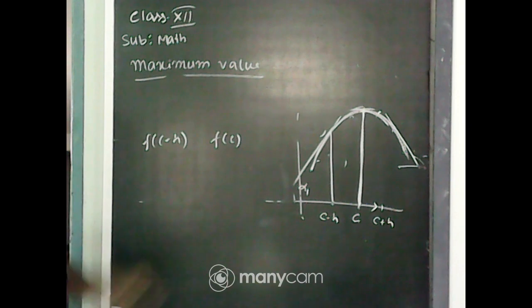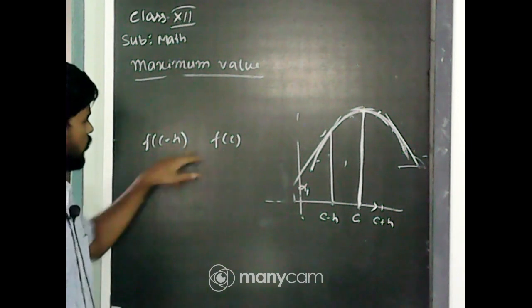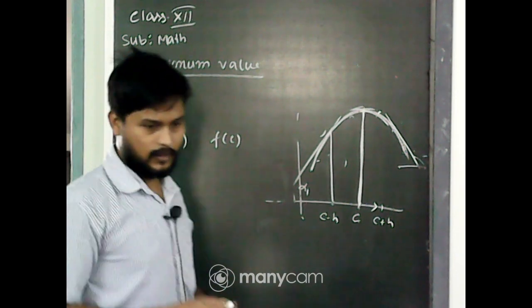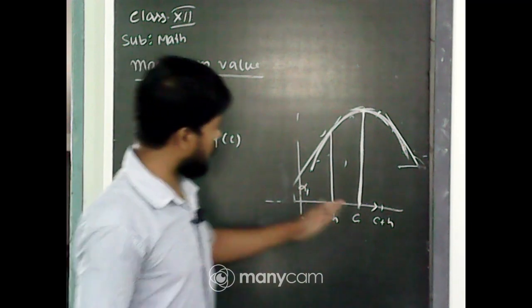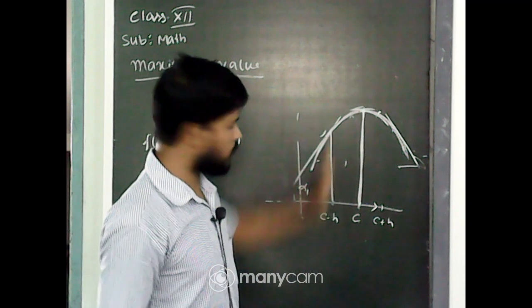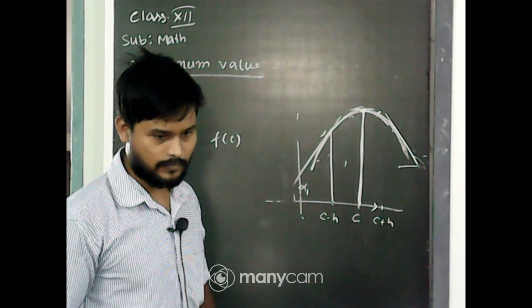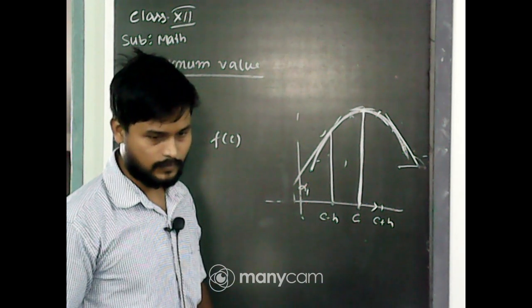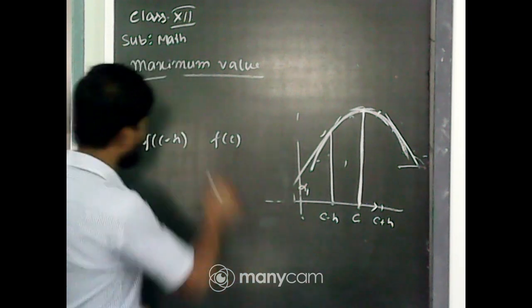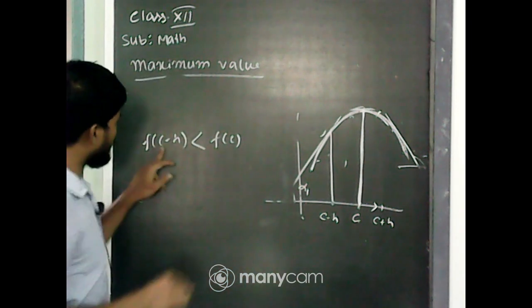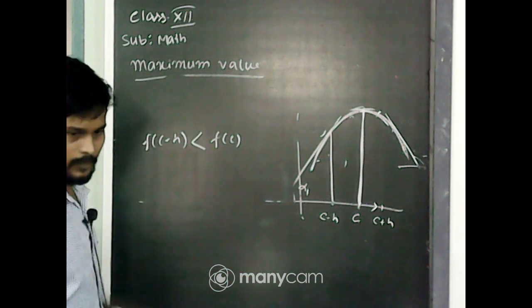Which is the greater number, f of C or f of C minus h? Obviously f of C. So we can say that f of C minus h is less than f of C.